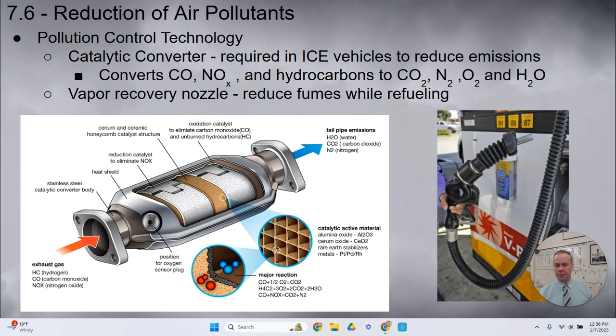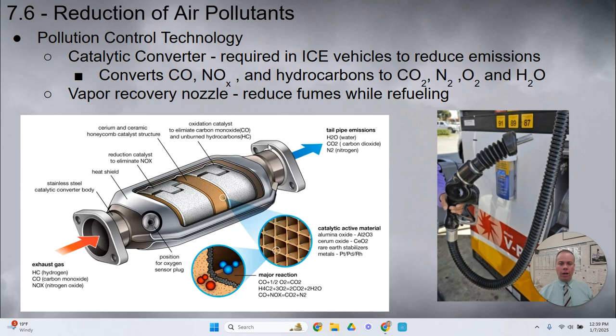And what happens is the exhaust gas from the engine contains hydrocarbons, carbon monoxide, and nitrogen oxides, and that exhaust gas goes through this device, the catalytic converter, which, because of various metals and compounds inside of it, converts some of those pollutants into less harmful substances. It doesn't remove them, but it converts them.